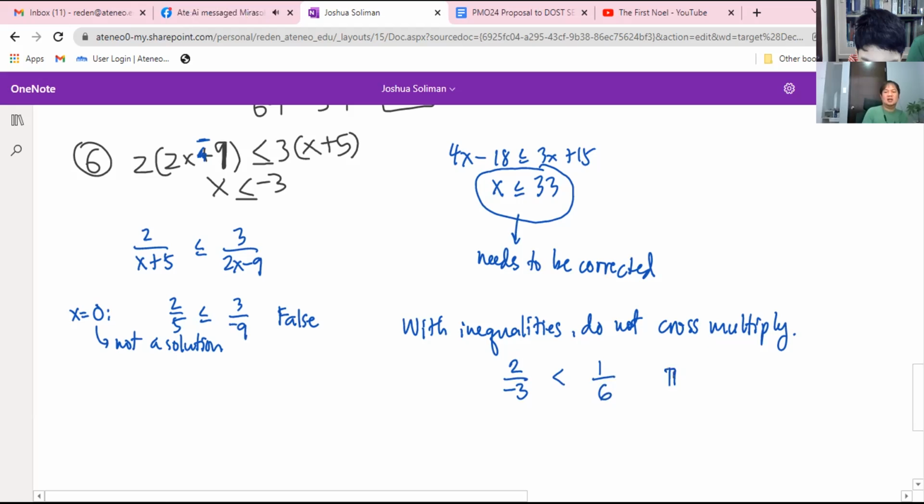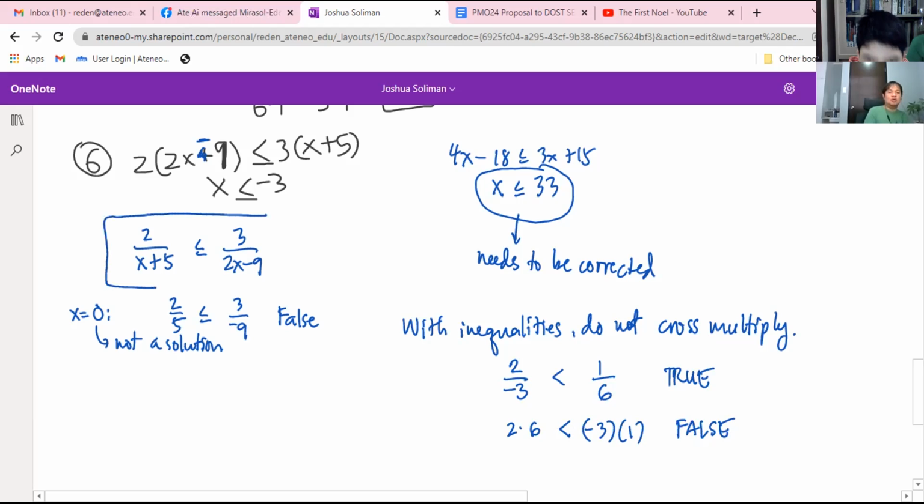Right? This is true. But when you cross multiply, 2 times 6 is less than negative 3 times 1, we end up with a false statement. So especially when negative numbers are involved, we should not cross multiply, because the resulting statement may turn out to be false, as shown by this example.